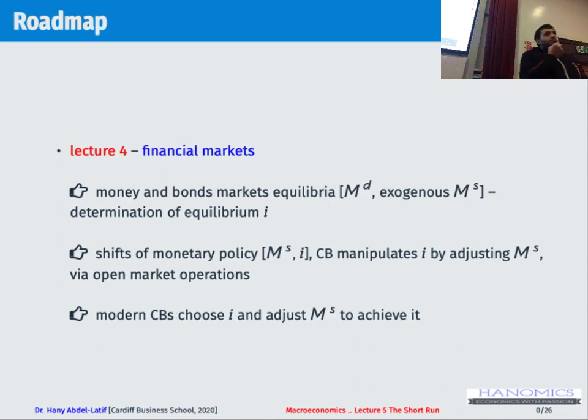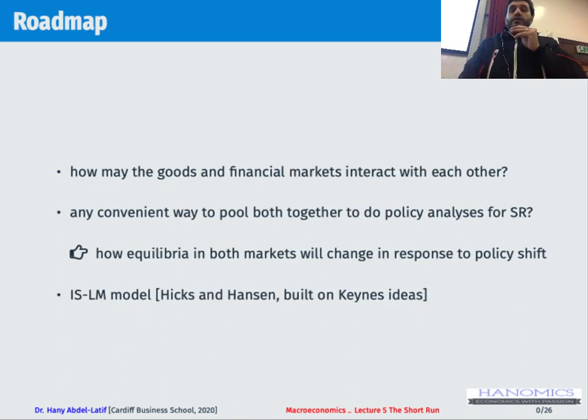When we talked about financial markets last week, equilibrium happens when the demand for money equals the money supply, and that determines the equilibrium interest rate. And if there is a shift in monetary policy, an expansionary monetary policy, that again affects the equilibrium interest rate. These are points we already covered over the last 2 weeks.